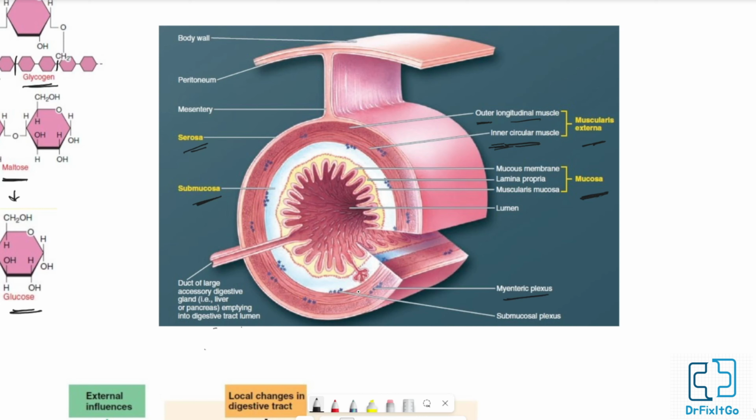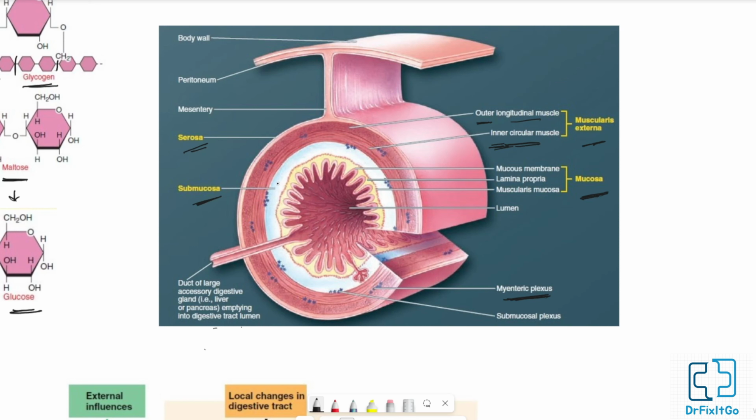In between the circular and longitudinal muscle layers is present a vast network of nerve fibers known as the mesenteric or Auerbach plexus. The circular and longitudinal muscle layers help in both mixing and propulsion of food present in the GIT.